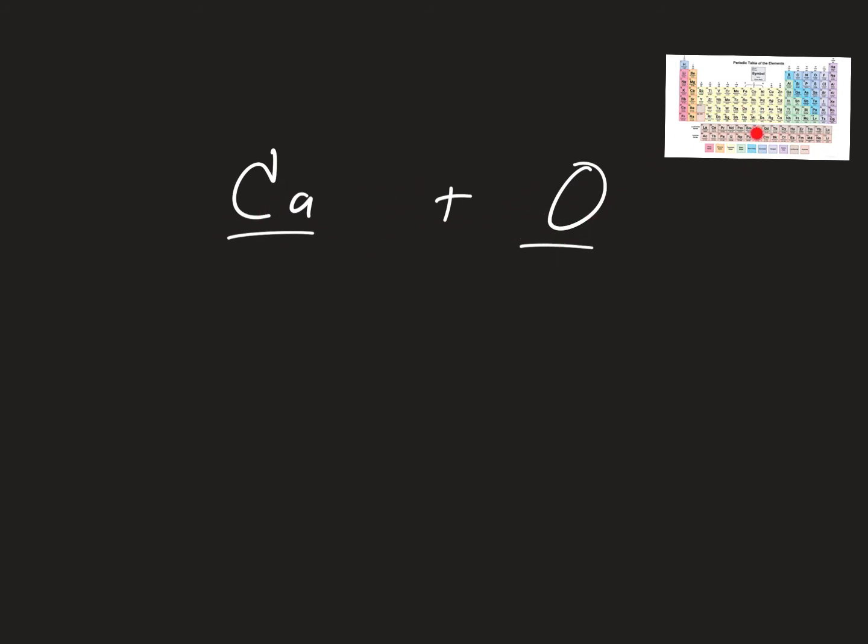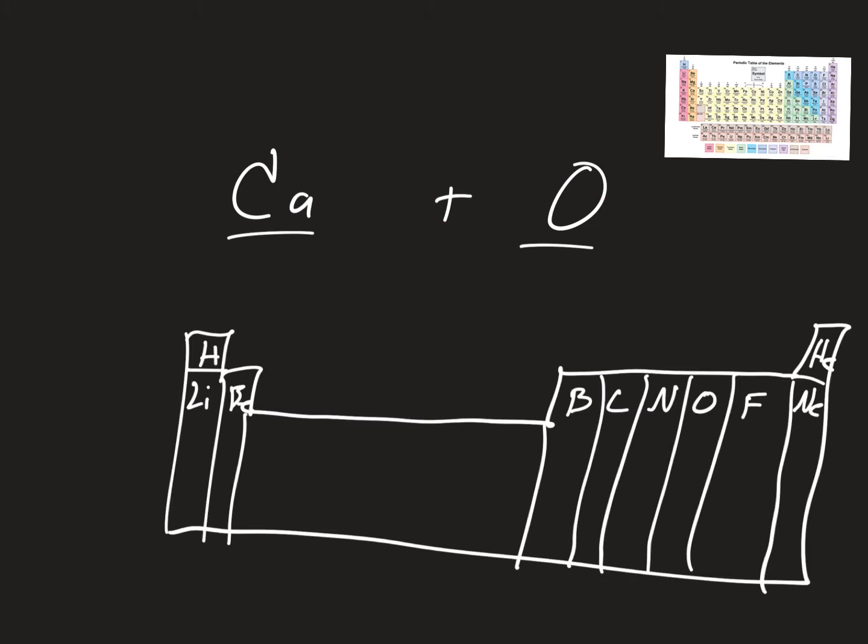Before I bring back the periodic table, I'm going to draw a small representation of it just so you understand. Let's think about the periodic table this way. We're only concerned with certain columns, the ones that stick out above. All these transition metals, we're not going to count those when we're counting columns.